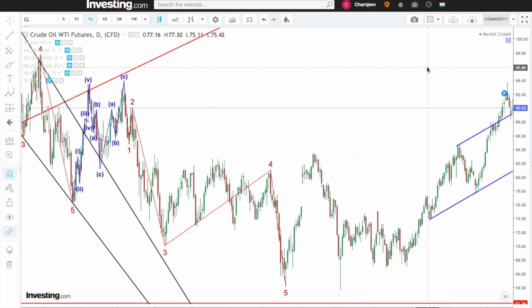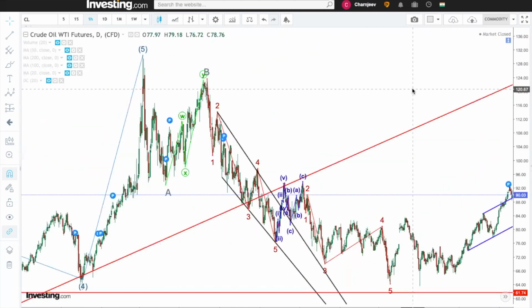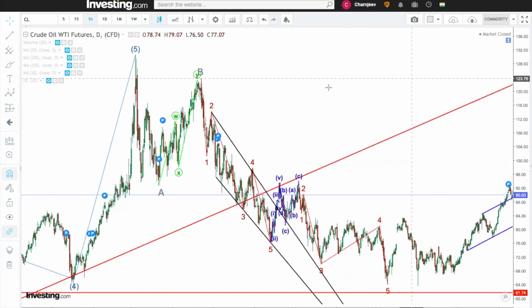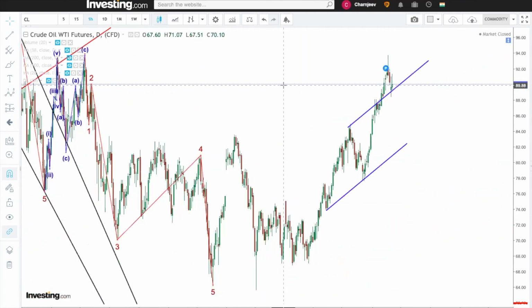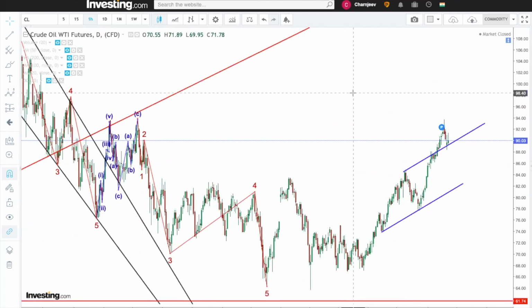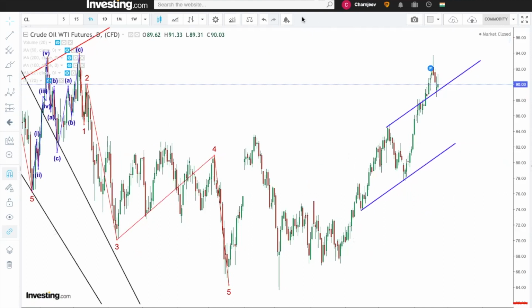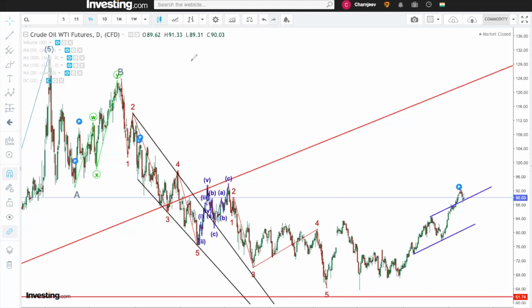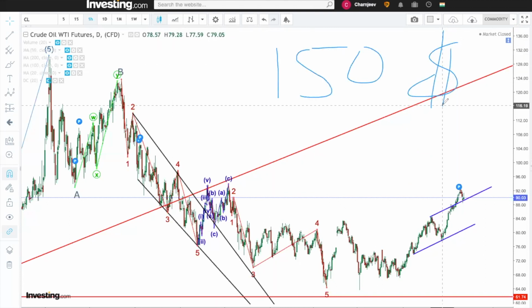And now we have to see what the future projection is likely to be. So yeah, again, I can't show the wave count of what I am projecting from here. But yes, in crude oil, we are likely to see the levels of $150 in the coming months.